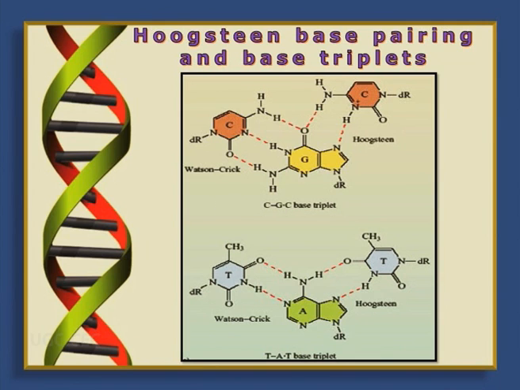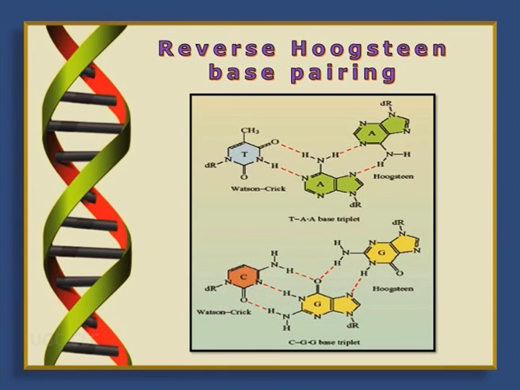Here the triplet consists of Hoogsteen and Watson-Crick hydrogen bonds. The Hoogsteen is an alternate pair of hydrogen bonding, and as a result, it results in the formation of a triple helix. Similarly, we have the reverse Hoogsteen base pairing, which is formed by base pairing of TAA-CGG. Again, we can say the repeating structure of the triple helix is nothing but a base triplet.